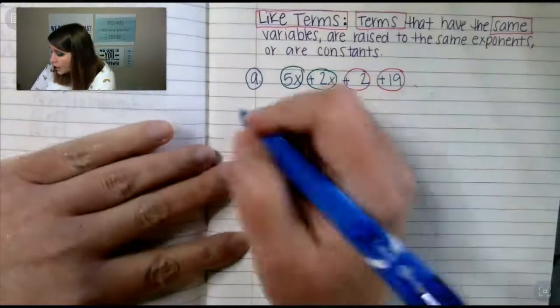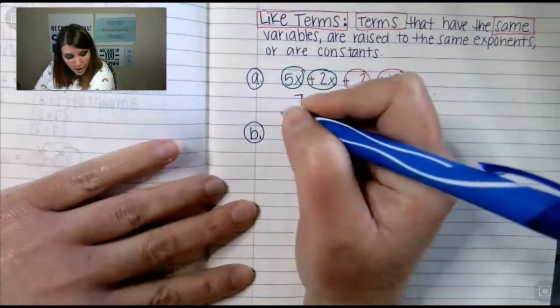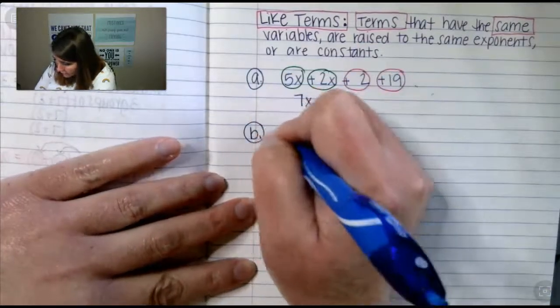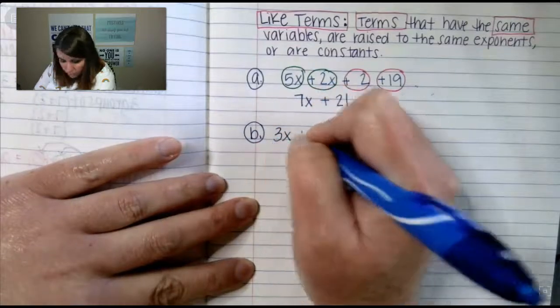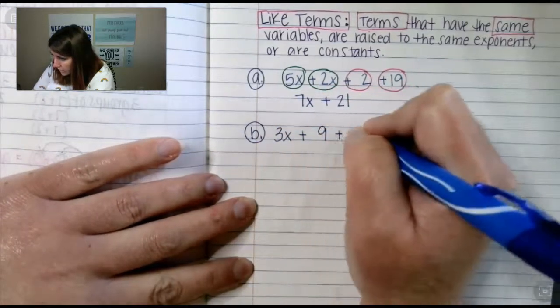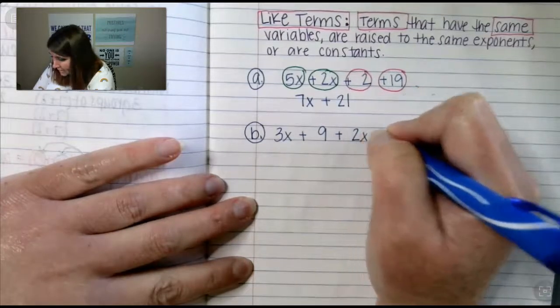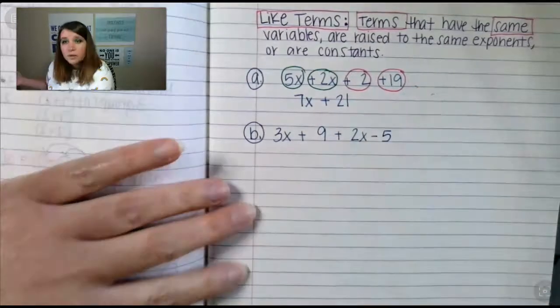Okay, let's try another one. So I have 3x plus 9 plus 2x minus 5.